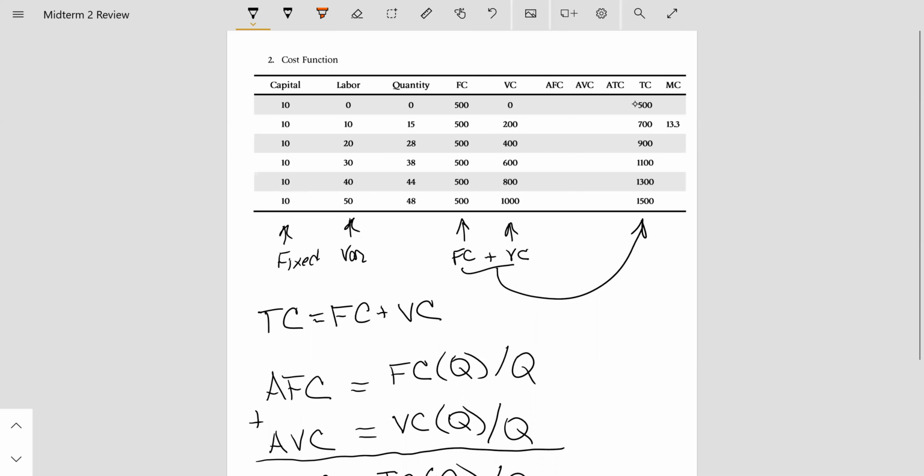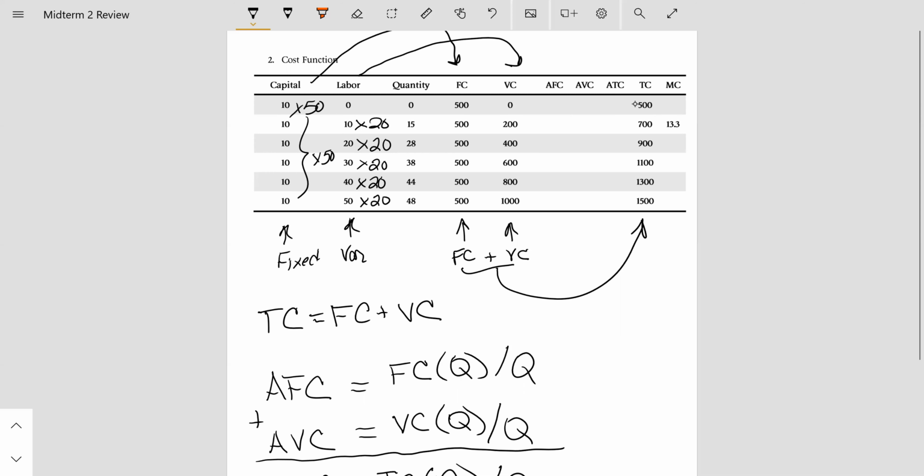So it looks like you take this number here and multiply by 20 to get the variable cost. And then to get the fixed cost, you take your fixed input and multiply by 50. So this will give you that.